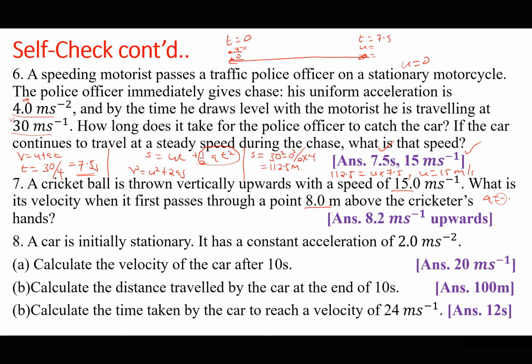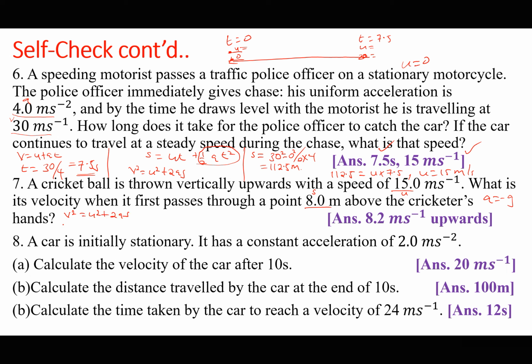So the axis, it is moving upwards. The acceleration is going to be negative g, negative 9.81. So the displacement is this is 8 meters. That is the displacement. Initial velocity u is 15. So we want the velocity at 8. So I will simply use v squared equals u squared plus 2as.